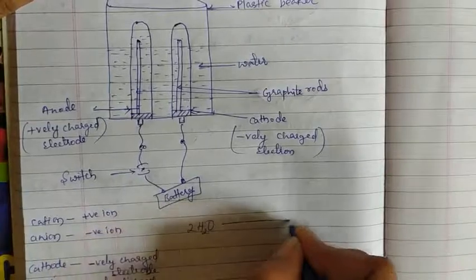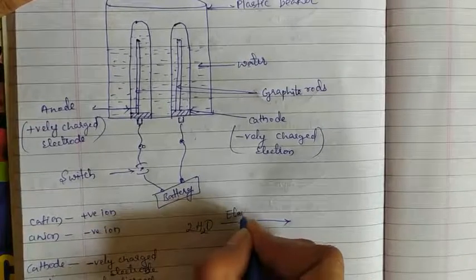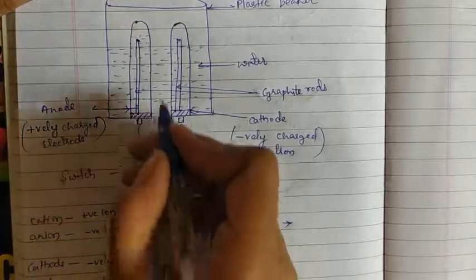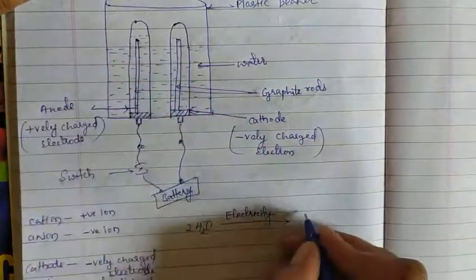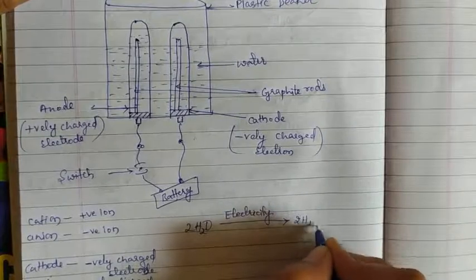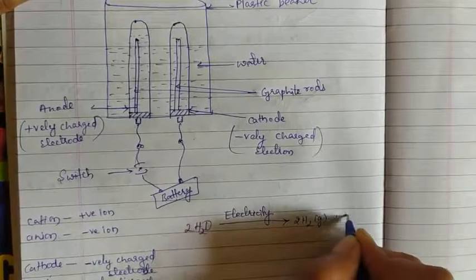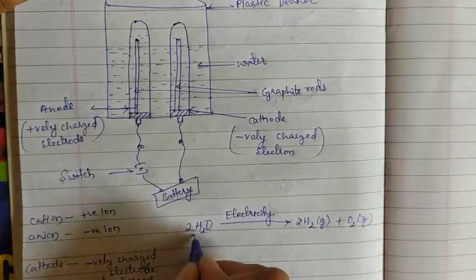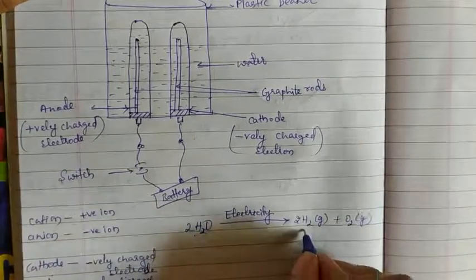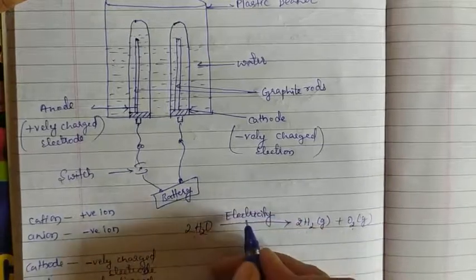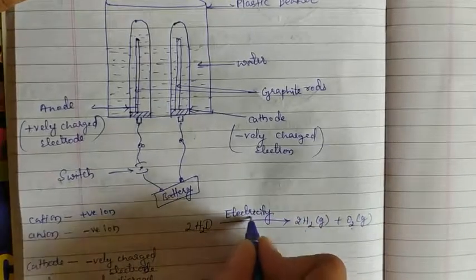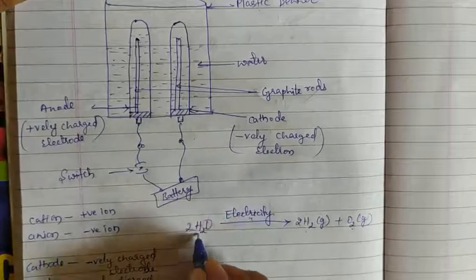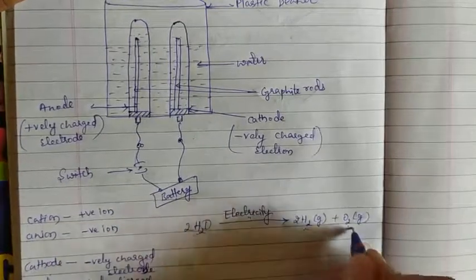Okay, when electricity is passed, the water present inside this beaker breaks into hydrogen gas and oxygen gas. So here water breaks into hydrogen gas and oxygen gas by passage of electricity. By absorbing the electric energy, this water breaks into hydrogen gas and oxygen gas.